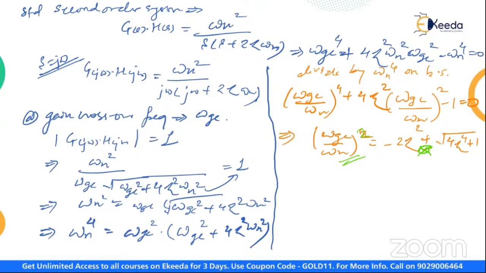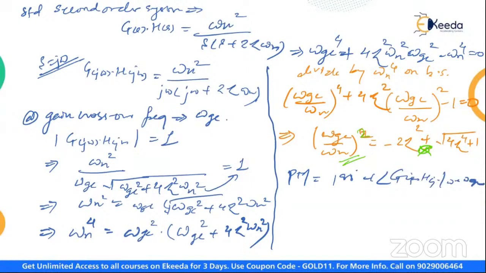Now, what is PM? Phase margin. PM is equal to 180 degrees plus angle of G of j omega H of j omega at omega equal to omega GC. Correct? Why did we find omega GC first?